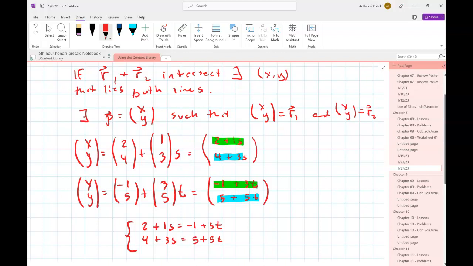What was the easiest way we had to solve a system of two equations back in Algebra 2? Or the fastest? The least sweat? I would say if you're doing it by pen and paper, yes, that was the best one. But what else did you have other than substitution and elimination?